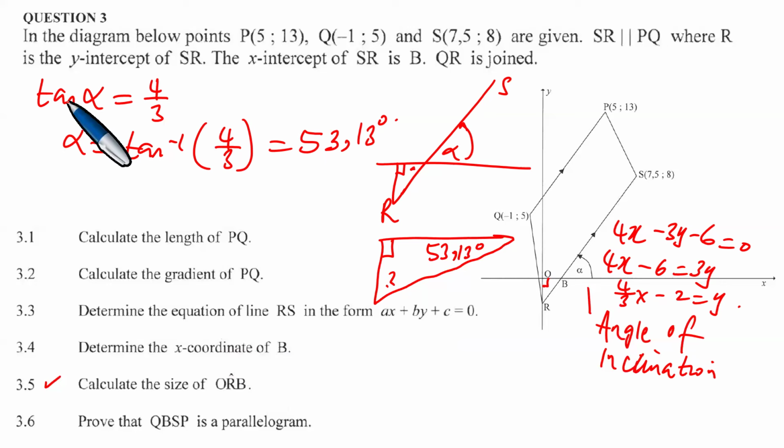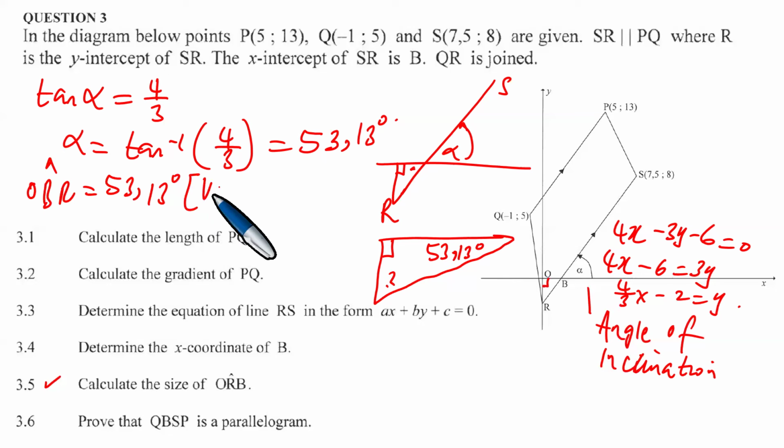So the angle OBR is also equal to 53,13 degrees. And why is this the case? We have vertically opposite angles, because these are angles in an X.